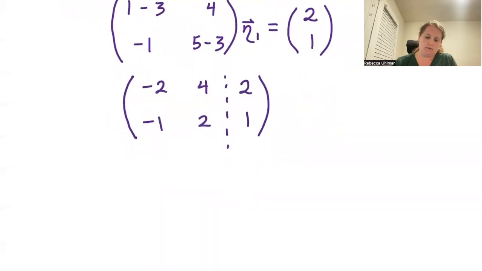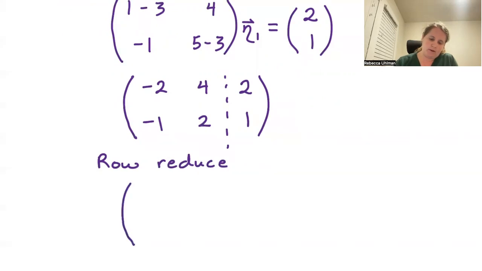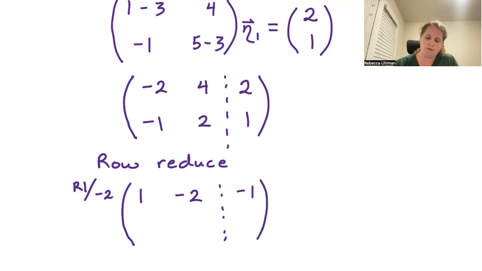So again, if we row reduce, we can do row 1 divided by -2. And that gets us to 1, -2, and -1 for the full first row.